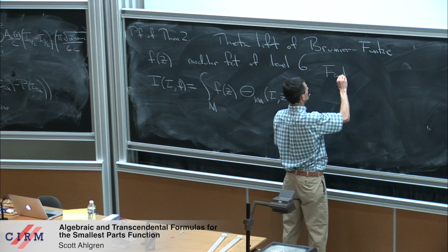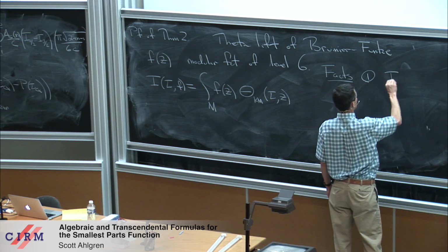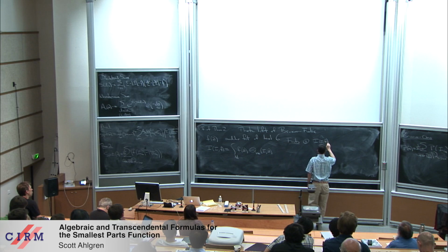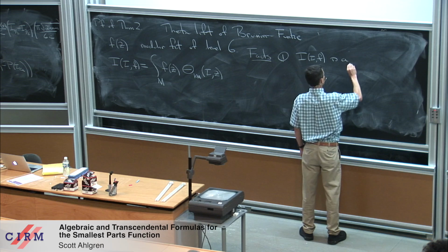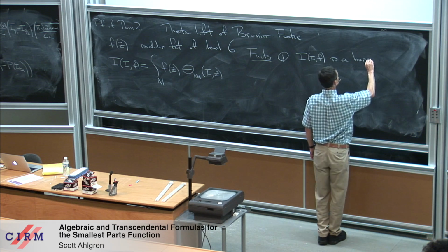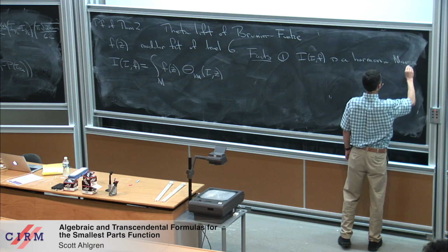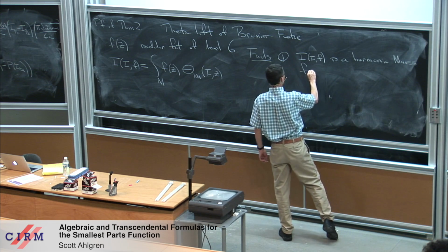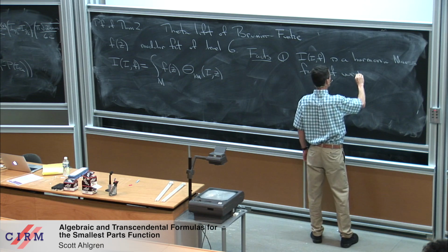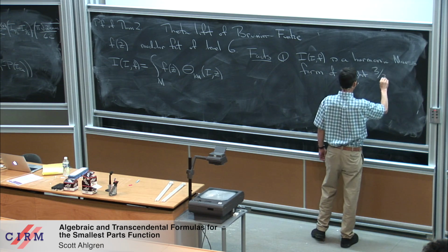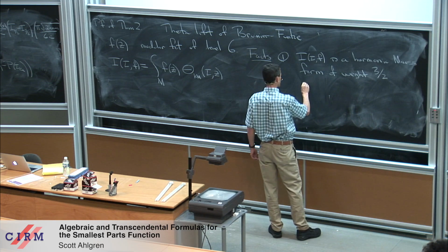Then the facts which are true about the theta lift: I guess, two facts. The first is that I of tau f is a harmonic Maass form. It will be of weight 3/2, for some Weil representation associated to gamma 0,6.